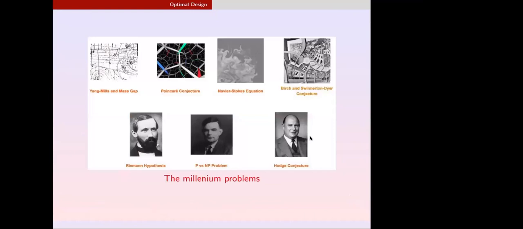Actually, as I said the other day, out of the 7 millennium problems that were advertised 21 years ago, with the turn of the century, only one of them was solved by the Russian Perelman.